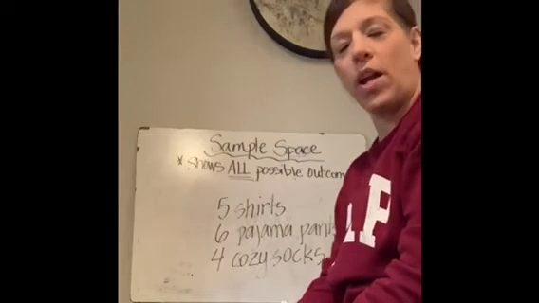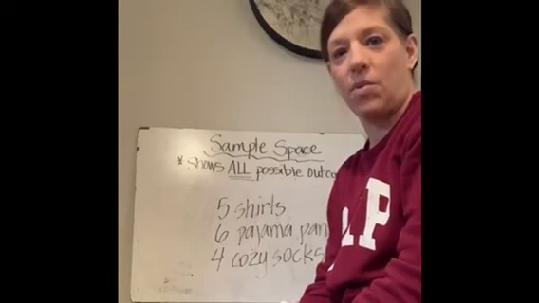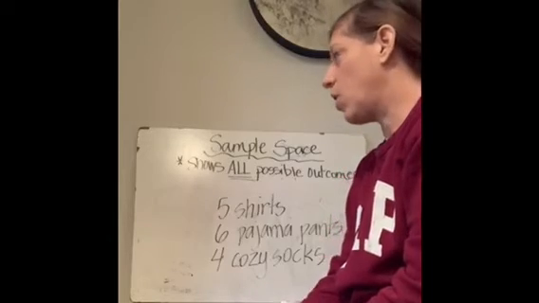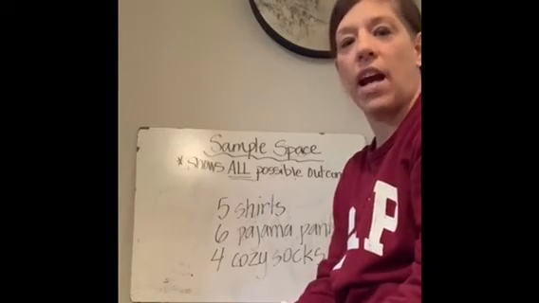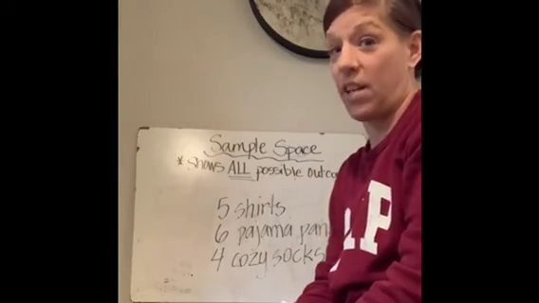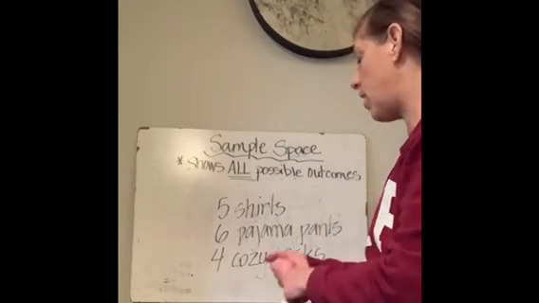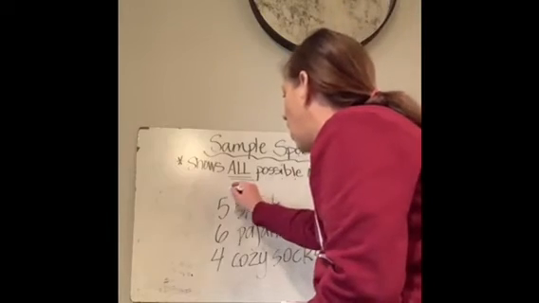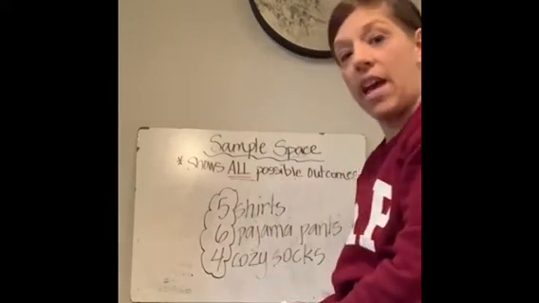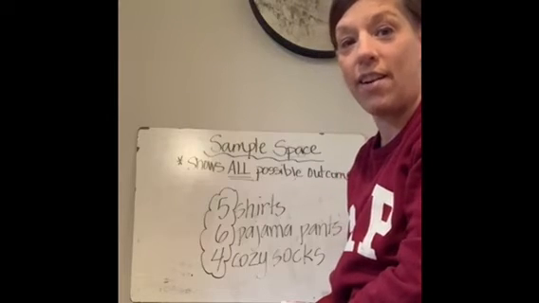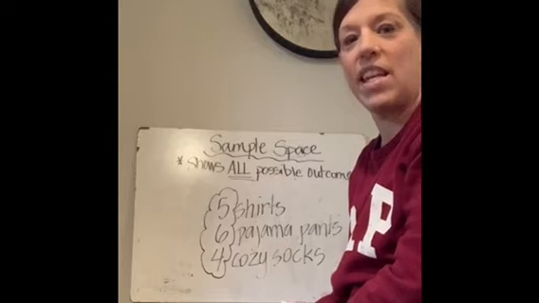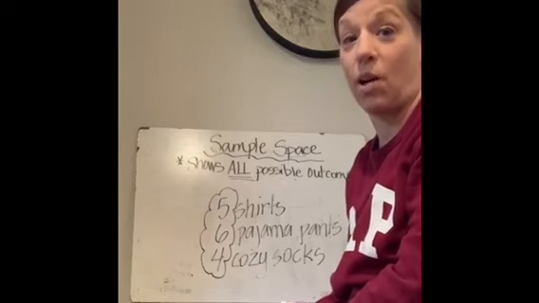There is a quick way that you can find the number of outcomes without having to show all of the different combinations. If you're only supposed to figure out how many different options there are, there's a thing called the fundamental counting principle, which allows you to take the number of options for each event and simply multiply them together, and that will give you the total number of outcomes that are possible.